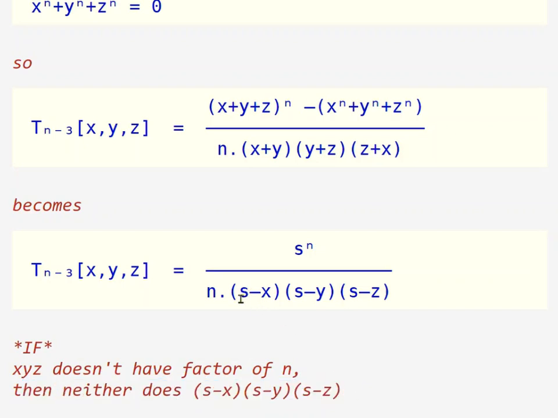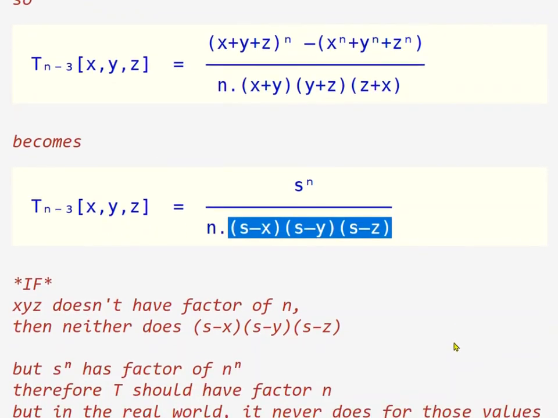Neither does this. Remember we said that x, y and z cannot have common factors, so they can't have any common factors of n. So the only possibilities are either x, y and z have one factor of n, or they have none. So here we're saying if x, y, z have no factors of n, then neither does this.